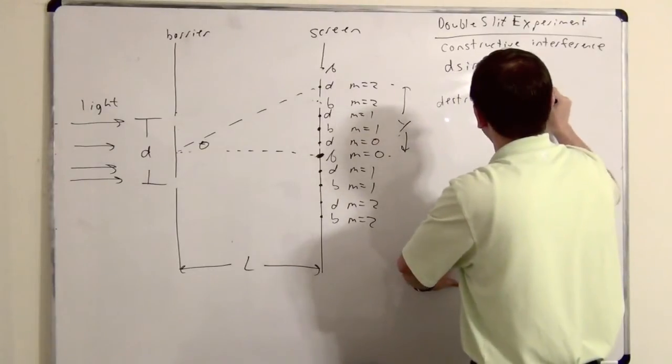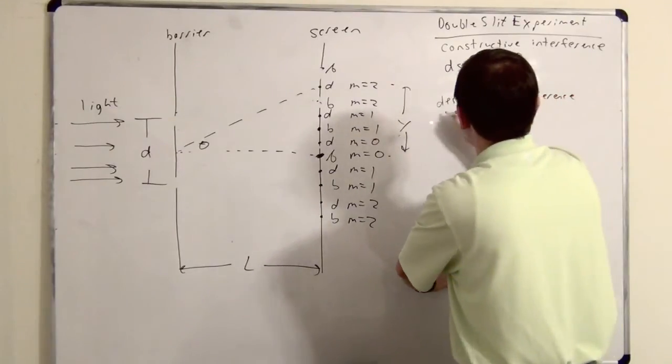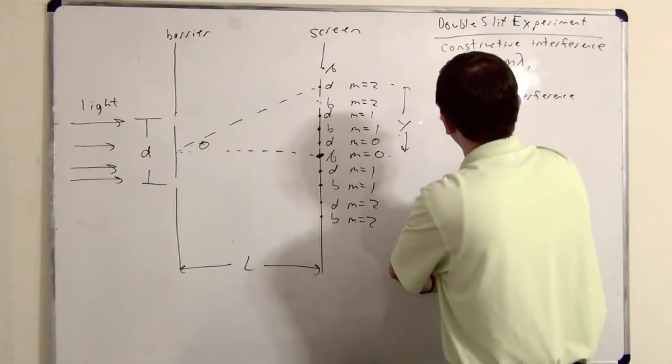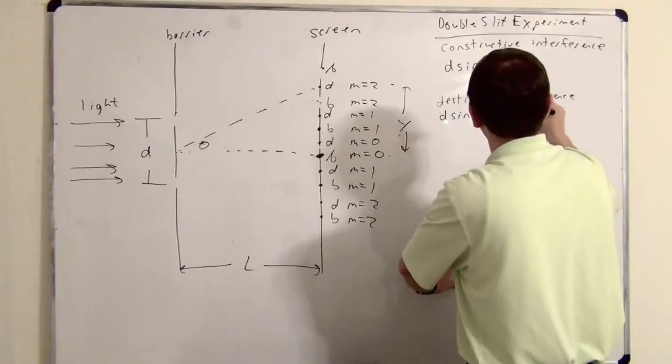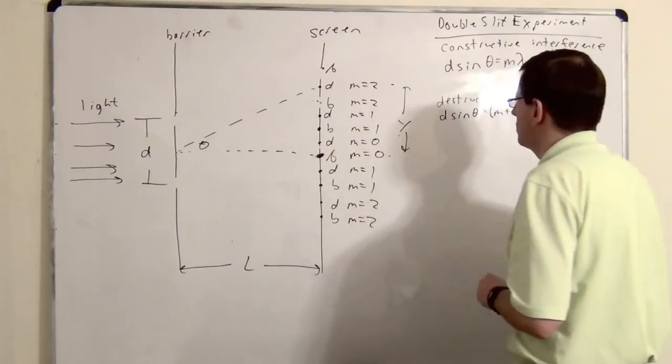And the destructive interference equation is d sine theta equals (m plus 1/2) lambda.